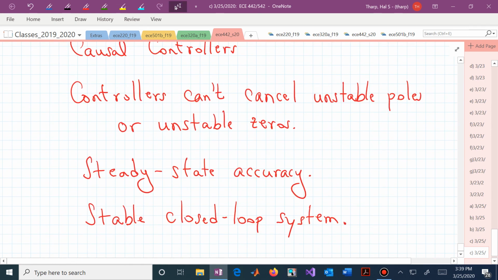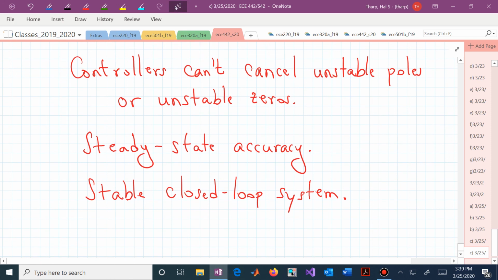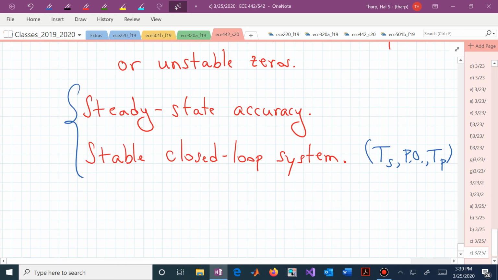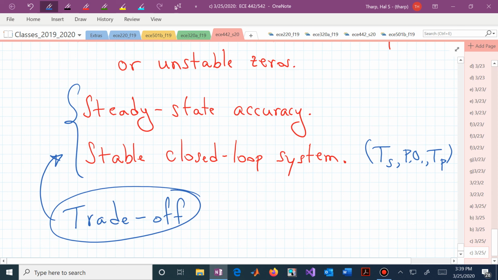We do want to know about our closed loop system. Here we haven't talked about the performance specs of T-settle, percent overshoot, or peak time. But what you're going to find, as in any control problem, is there's always going to be a trade-off between steady state accuracy and transient behavior or performance.